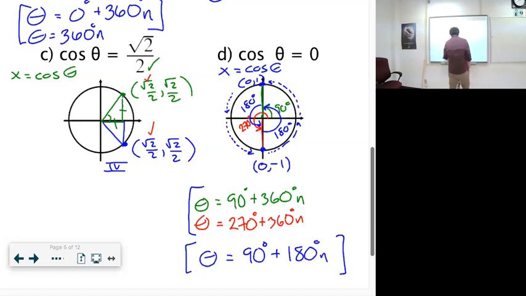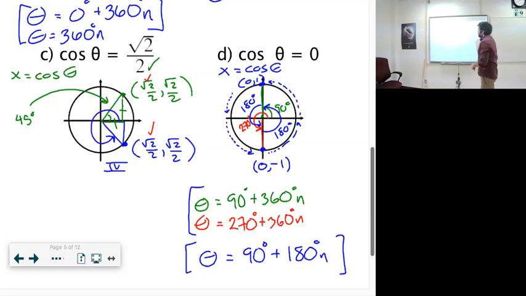So for my green angle, it's pretty clear that we identified a 45 degree angle. And then for my blue angle, if I rotate from standard position all the way to that angle right there, that's going to bring me to a 315 degree angle here.